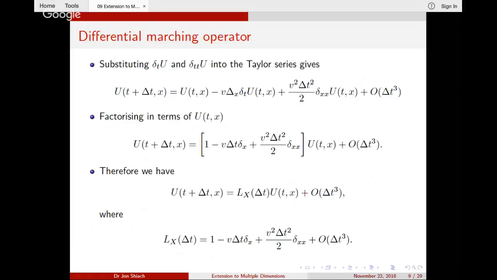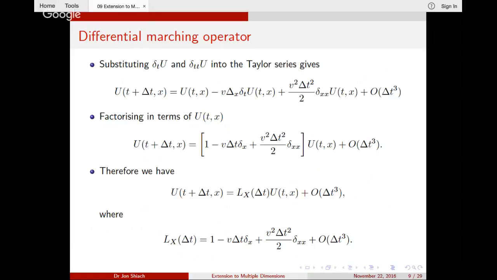Notice this is all in spatial derivatives. If I wanted to calculate a finite difference scheme for this, I just replace delta_x by some finite difference approximation and delta double x with another finite difference approximation. And that will give me second order accurate in time. You've got to remember this is your error.